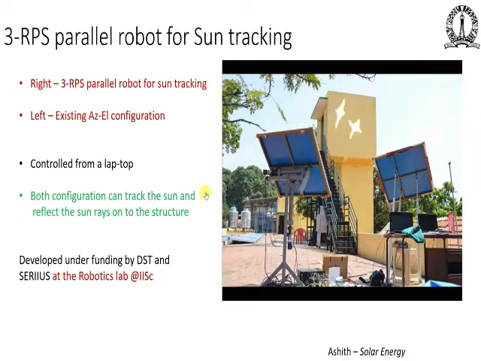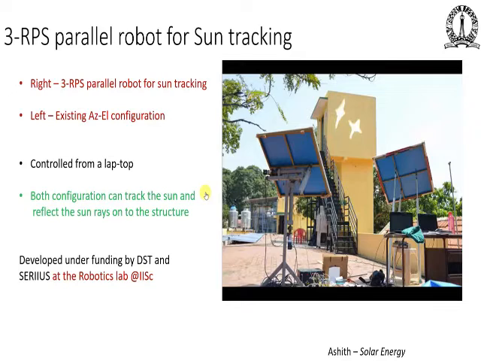If you have lots of these mirrors, all working properly and focusing the reflected beam onto a receiver, that place will become very hot. Then you can use an engine or some working fluid to run an engine such that you can eventually get electricity.